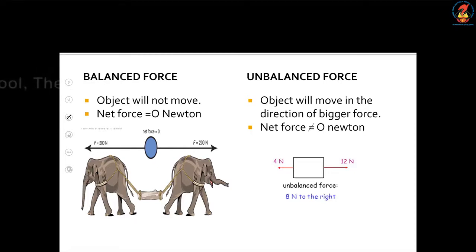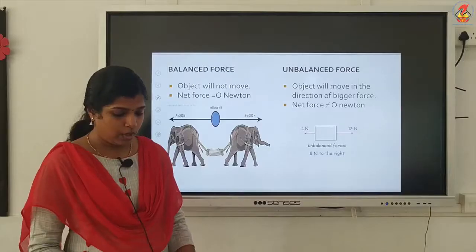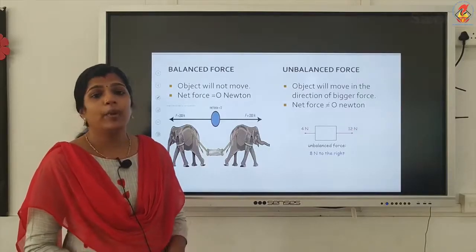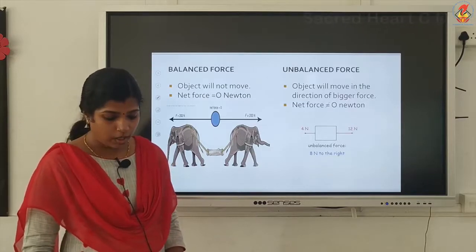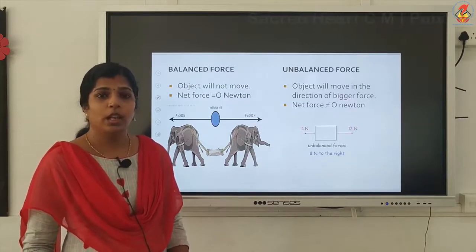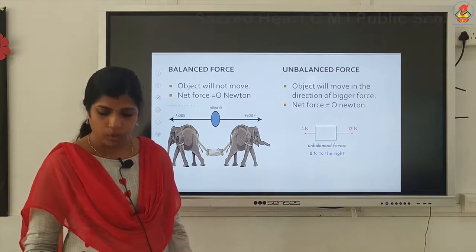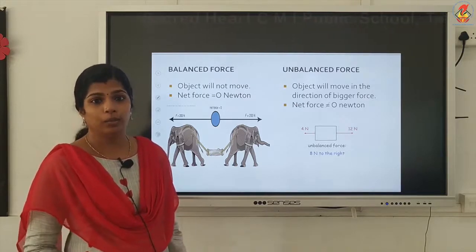Means the same magnitude of force will be acting in the opposite direction. That is known as balanced force. So, in case of balanced force, net force will be equal to 0. When you take the difference of the two forces, net force will be 0 and the object will not move.